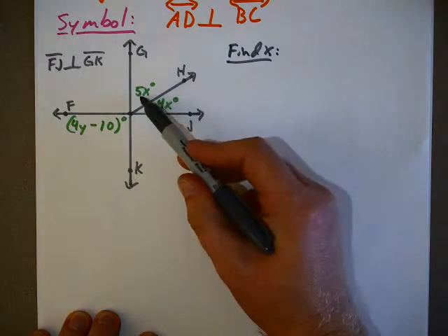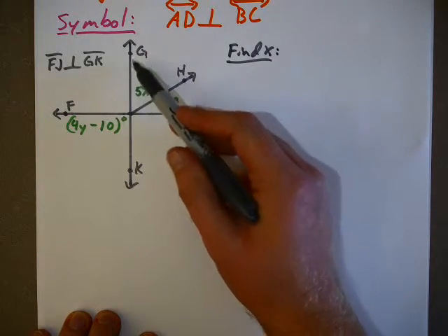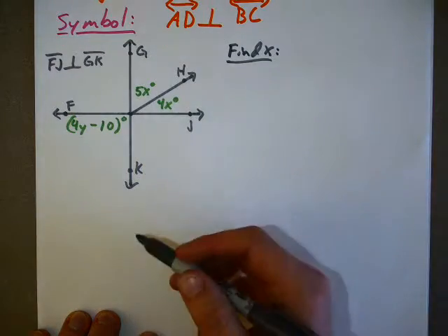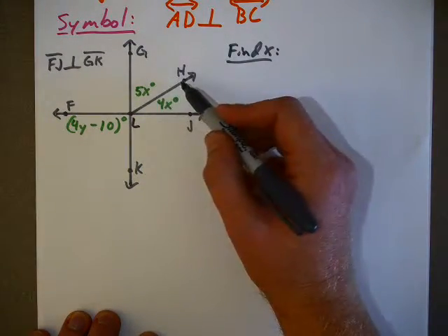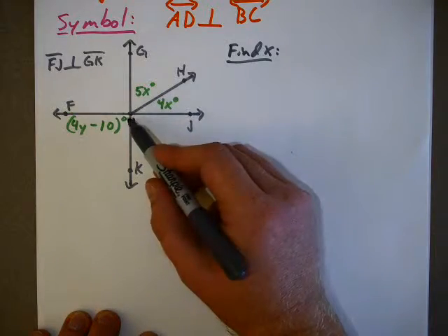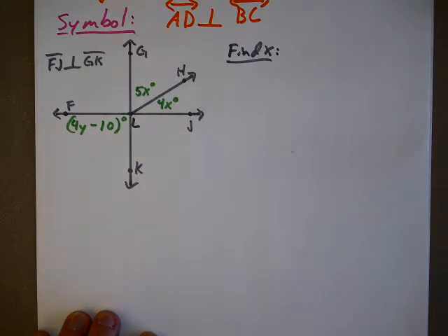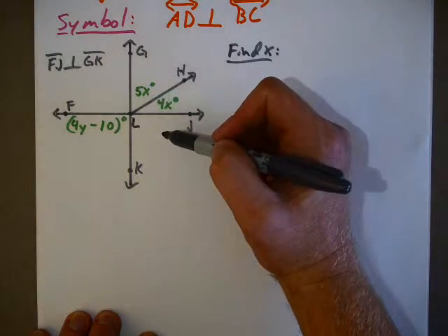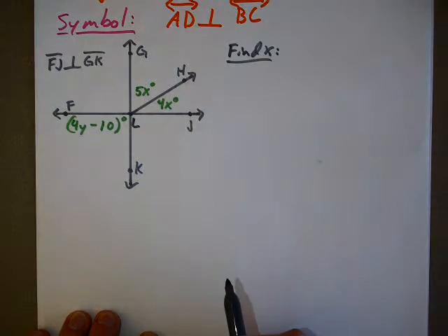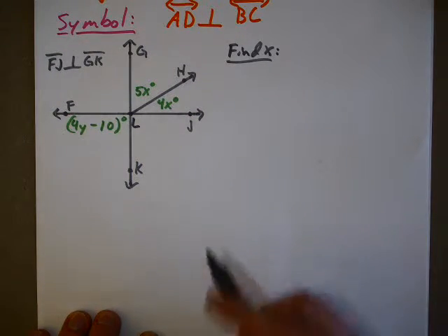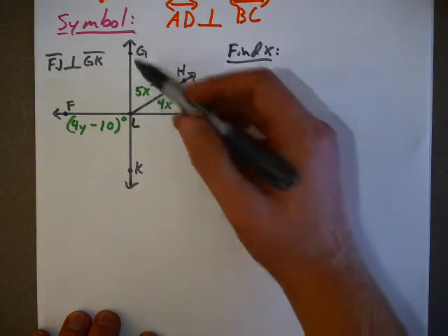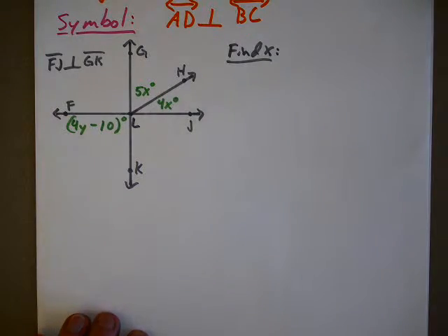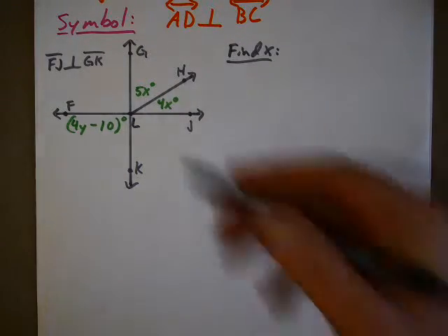If I look here, I see this angle at G, let's call that point L. So GLH and HLJ look like they are adjacent angles, and they're in these perpendicular lines. Because they're in these perpendicular lines, I know that this is a right angle.